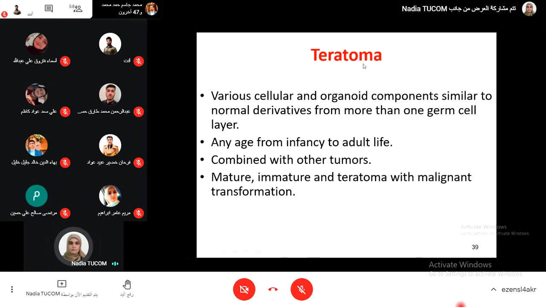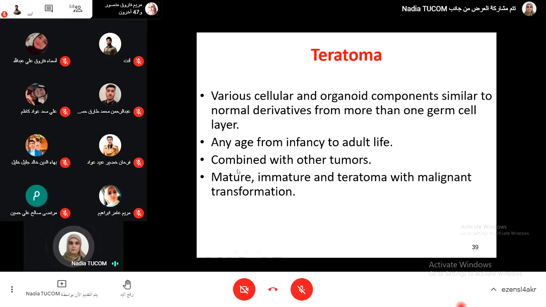This is teratoma. Usually, teratoma in male testis is mostly malignant, whereas ovarian teratoma is usually benign.